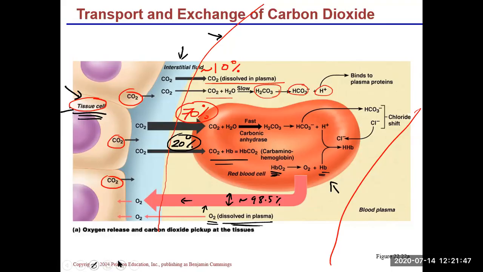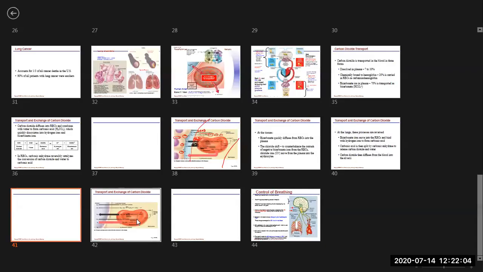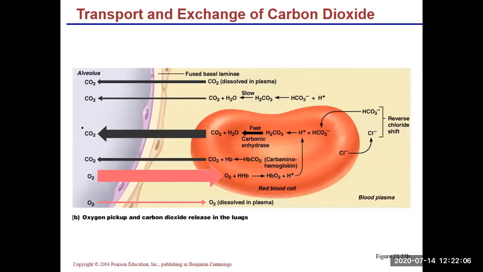So here we go ahead and take a look at the next slide, maybe this will be able to show us. Let me see. Okay, there it is. So now you could see it's from the alveoli or alveolus.